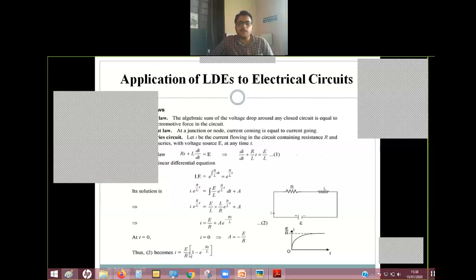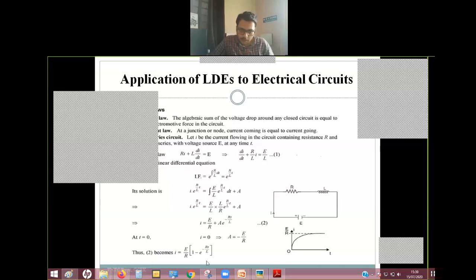Its maximum value will be E by R. Since this is e raised to minus something, a minus exponent is there, you have two options: exponentially increasing or exponentially decreasing. Only this term, please comment in the chat box: will this term be exponentially increasing or decreasing? Just write I or D in the chat box.